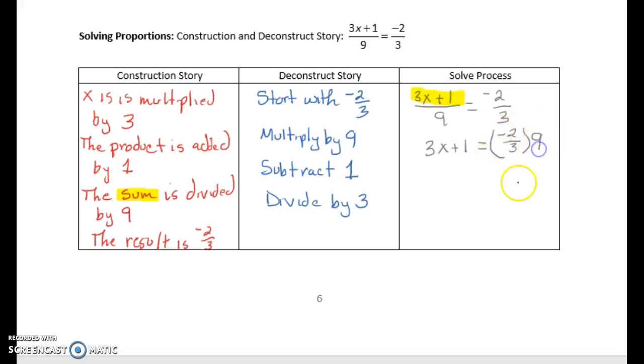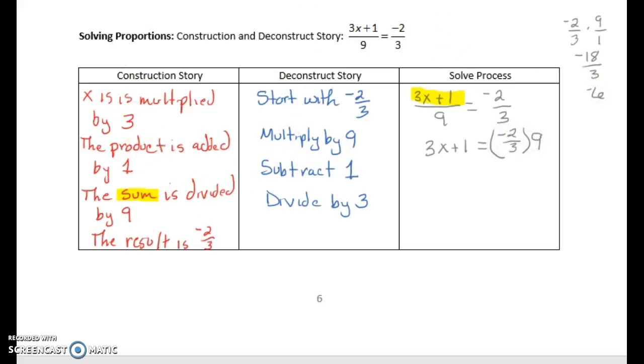Now we can simplify this. We could simplify it now, or we could simplify it before, but negative 2/3 times 9 is negative 18/3, or we can say that that is negative 6. So we know that this value of negative 2/3 times 9 is negative 6.